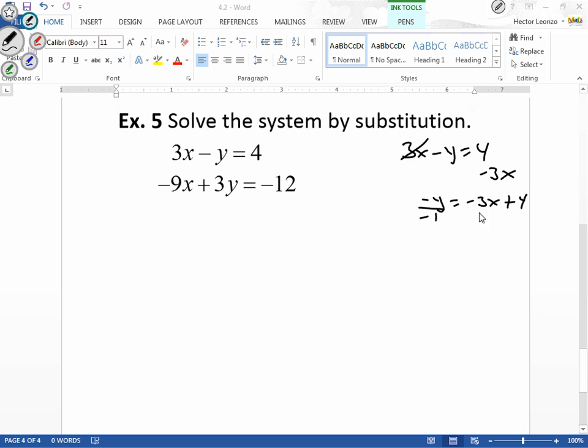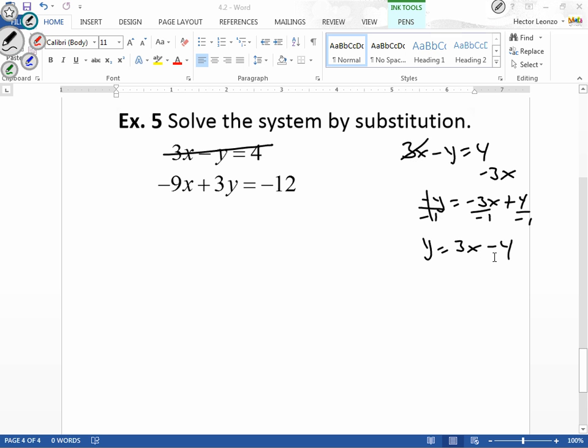Divide everything by -1, because once again, we want the y by itself. So we have that y is equal to 3x minus 4. So I made it into y equals 3x minus 4.